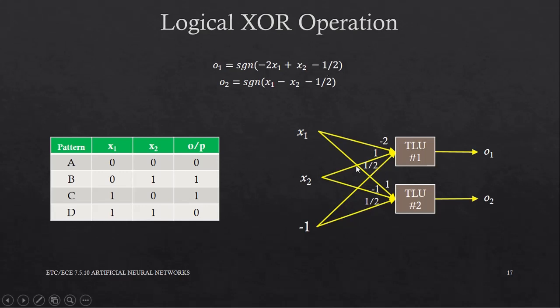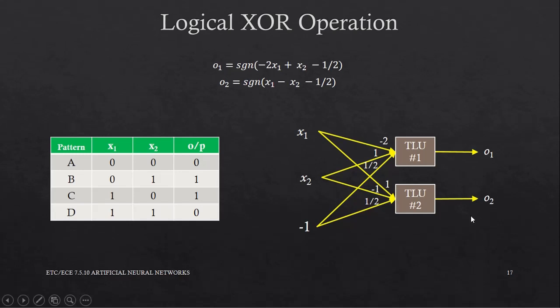Not minus half, because the augmented input is taken as minus 1. The weight vector of the second TLU will be 1, minus 1 and half. The outputs of the TLUs are O1 and O2.